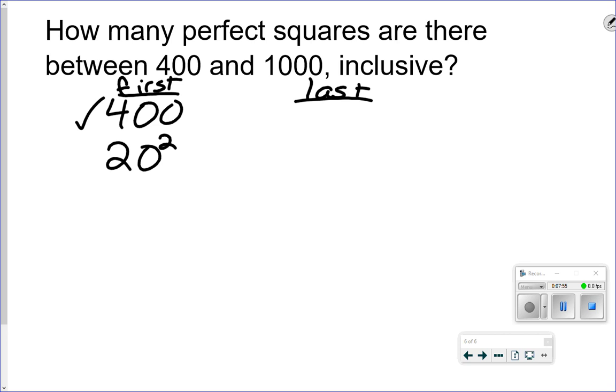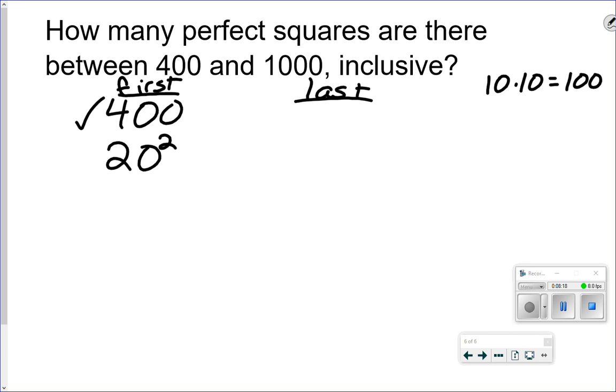If you're not comfortable with some of these big number multiplication problems, what you need to understand is some basic ones. 10 times 10 is 100. That's how we're going to start trying to figure out how we can get close to 1,000. We need to get as close as we can to 1,000 without going too far over it.